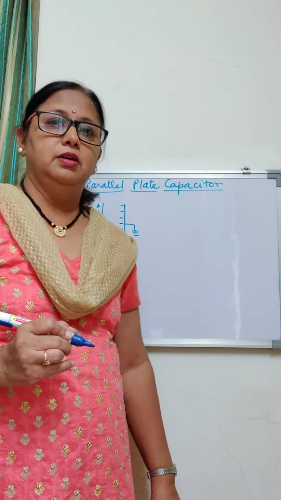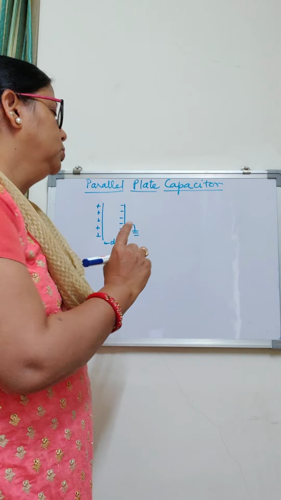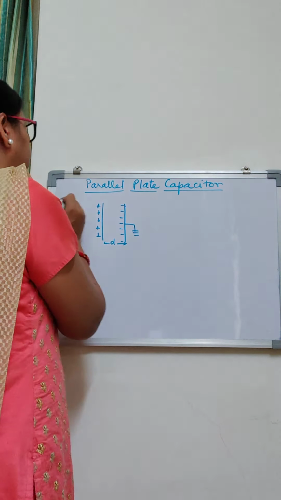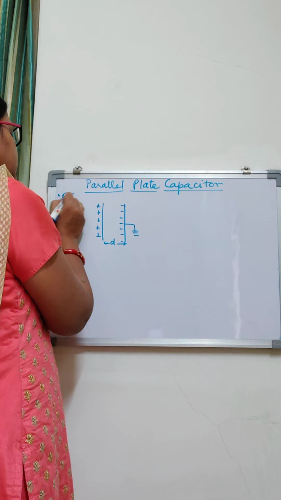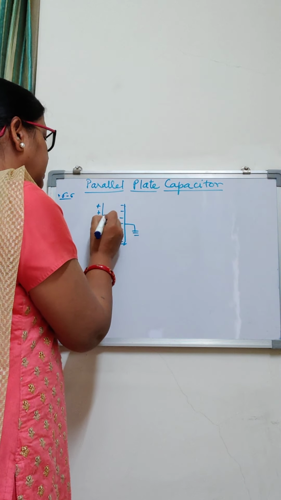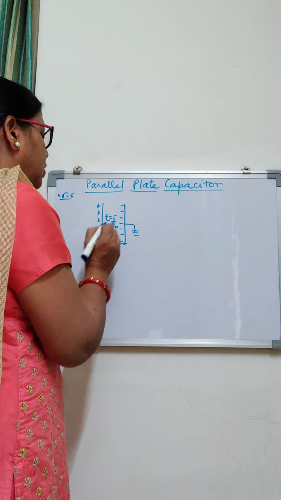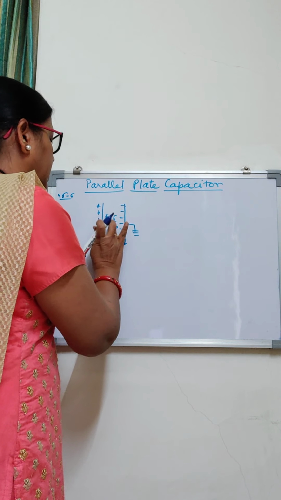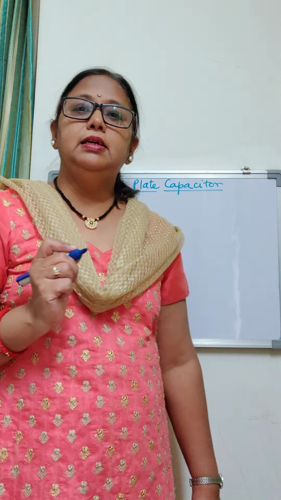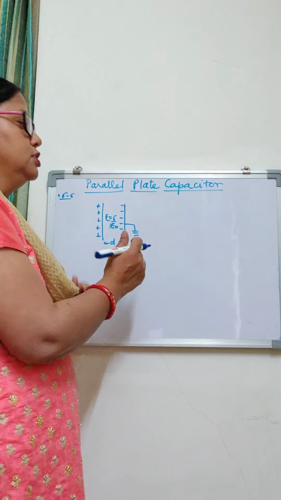Now, using Gauss's theorem, we had found the expression for the electric field inside two oppositely charged plates having surface charge density plus sigma and minus sigma. In that case, we had found the formula for the electric field E as sigma upon epsilon naught, where the electric field E exists only inside the two oppositely charged plates.